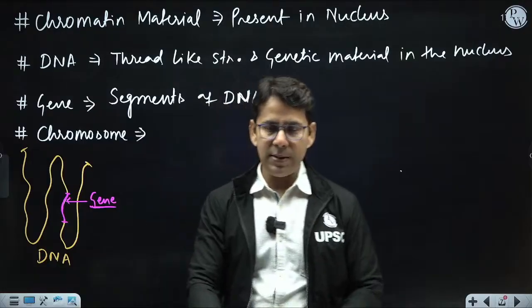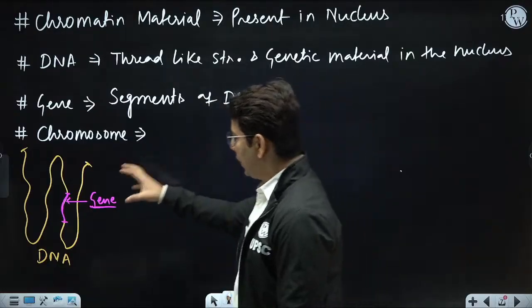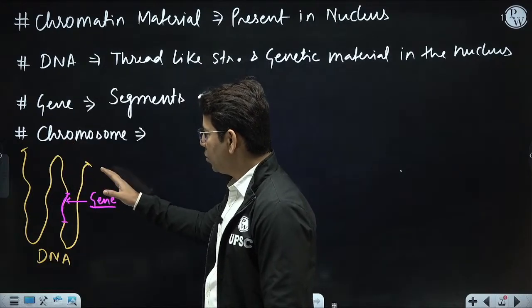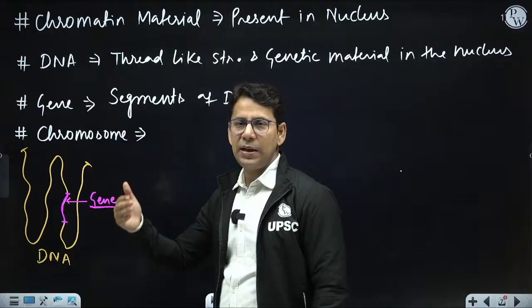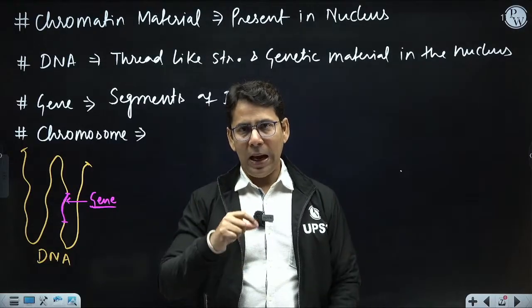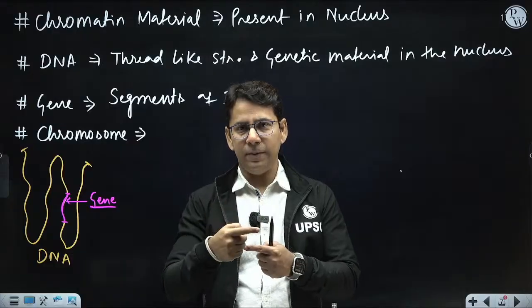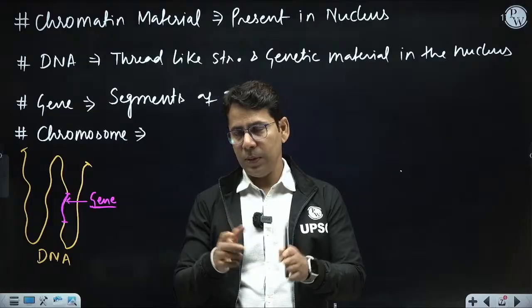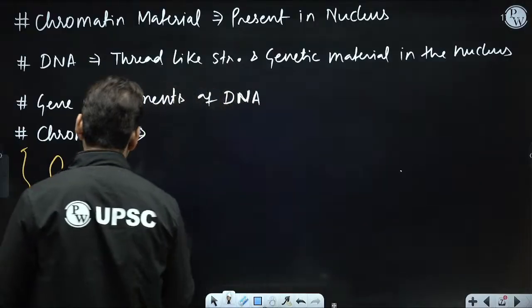Similarly, what happens? DNA is a thread-like structure, but when the cell is going to divide, this DNA will coil. And the coiled structure of DNA is known as a chromosome. What do we call it? Chromosome.